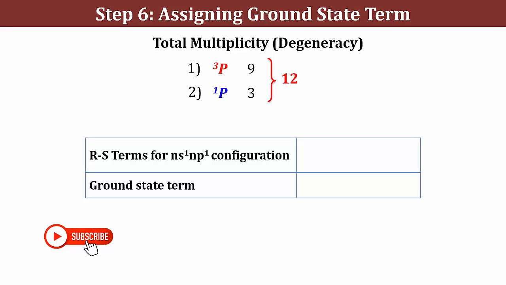The RS terms obtained for ns1 np1 configuration are triplet P and singlet P. Now from these two terms, we have to identify the ground state term. According to Hund's rule, the term with the maximum spin multiplicity has the lowest energy and it will be the ground state term. So in this case, the P term with the multiplicity 3 will be the ground state term.